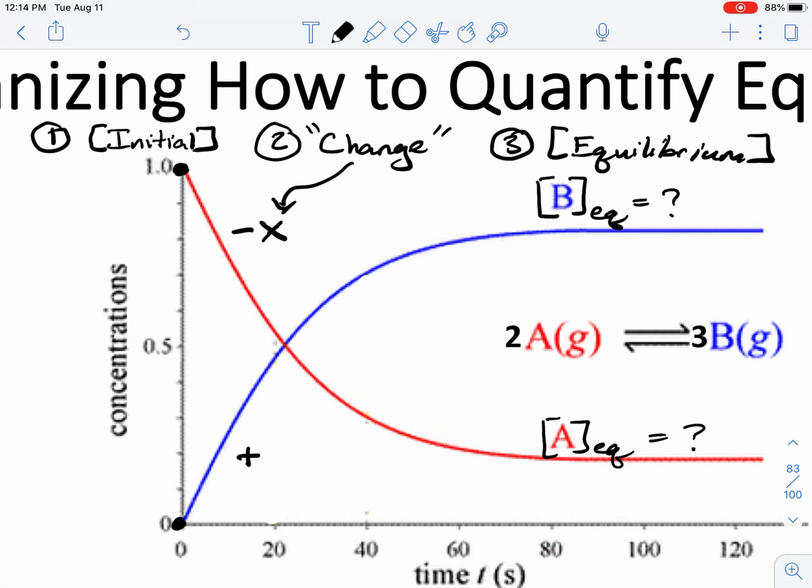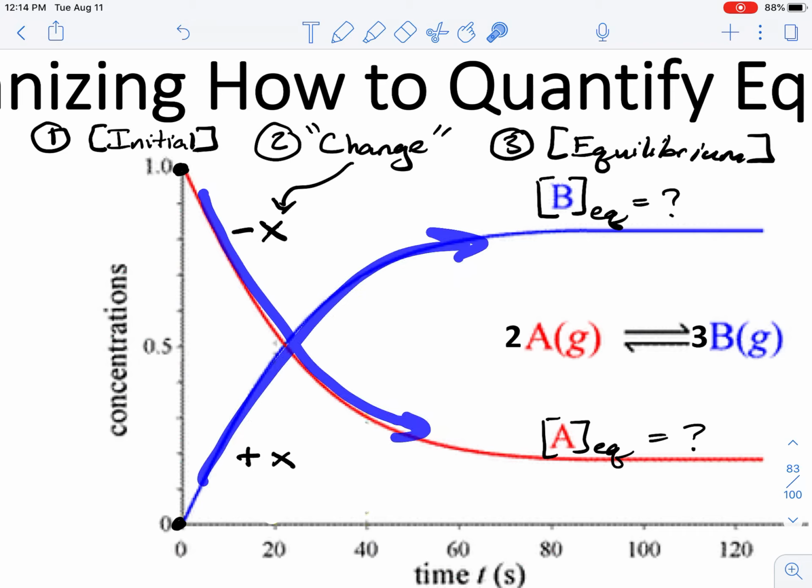And we're also going to represent the change in the production of products as a variable, which in this case is x. This x, once again, allows us to mathematically describe the overall change that's occurring between the two concentrations of the reactants and products.